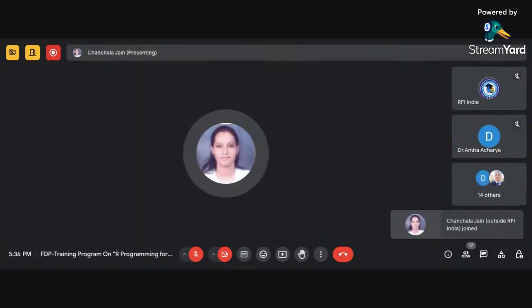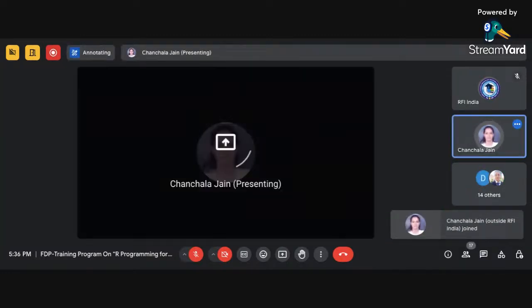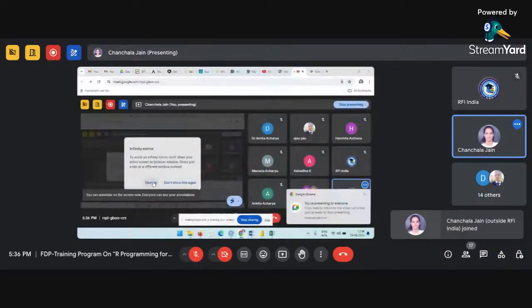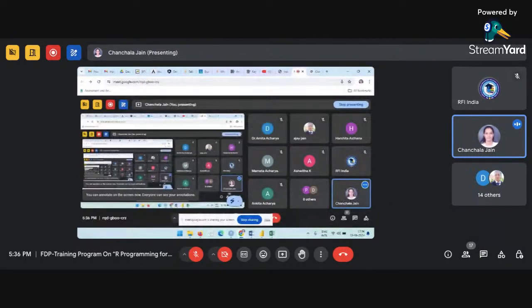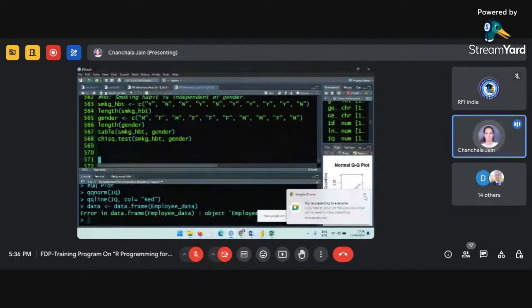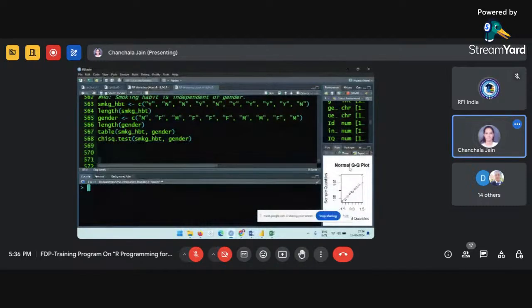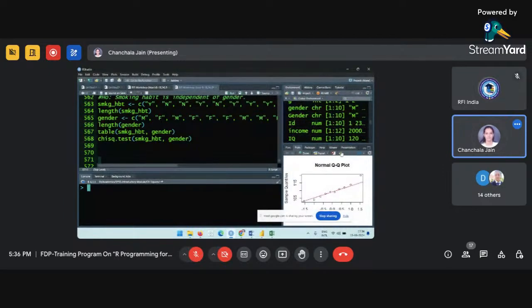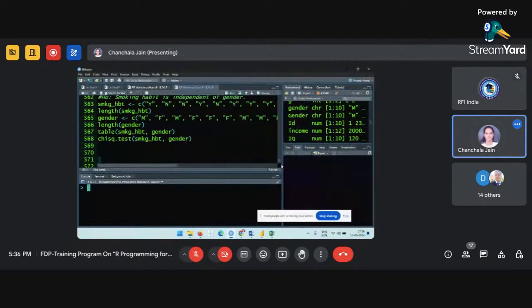I think I shared my screen. Is my screen visible to everyone? Any confirmations?